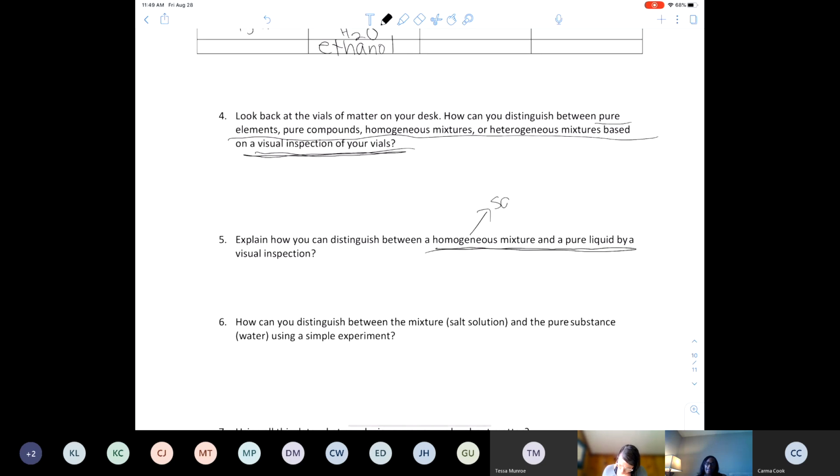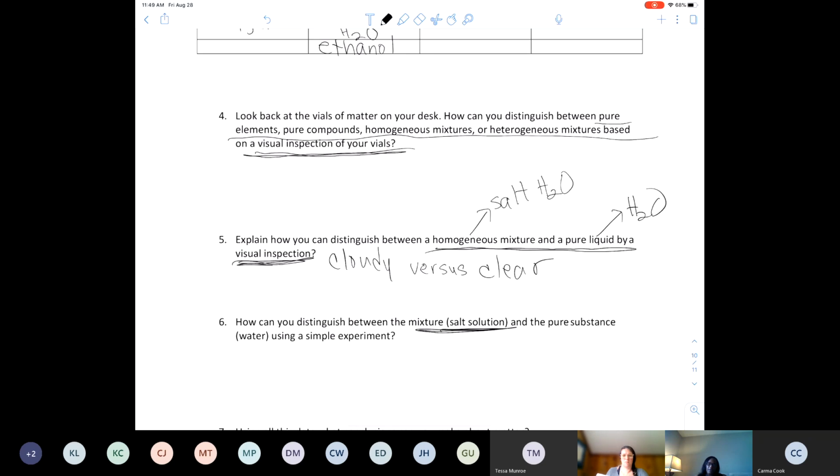So how can you tell the salt water? It's kind of foggy. So appearance, so cloudy versus uncloudy.